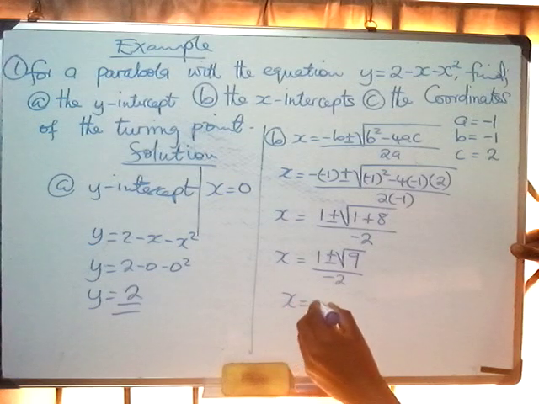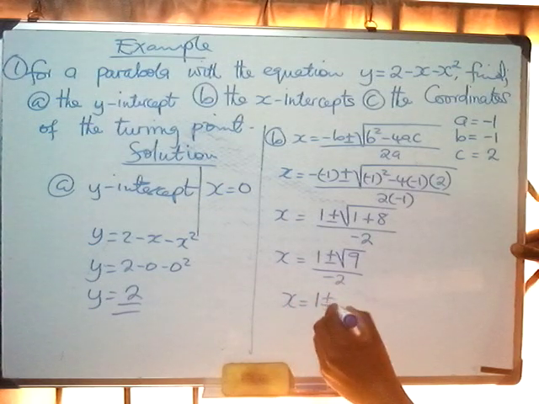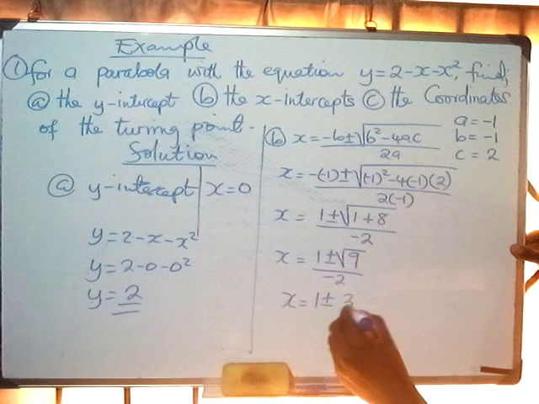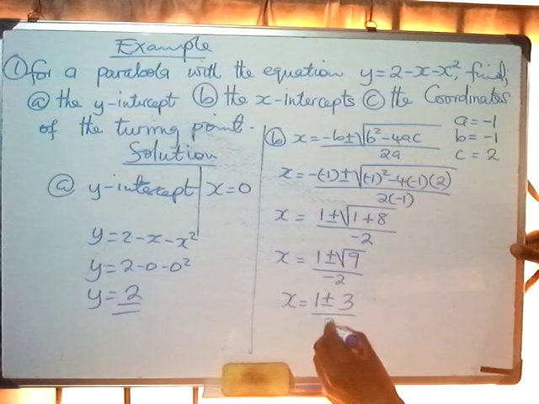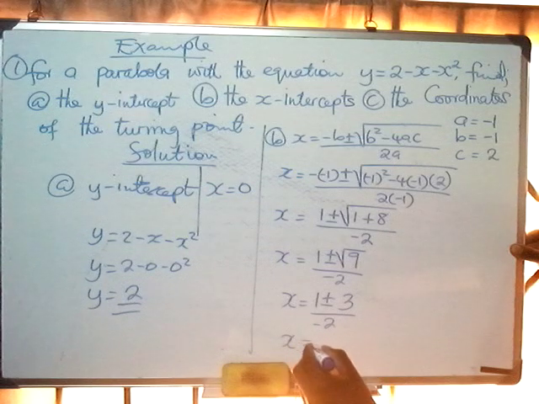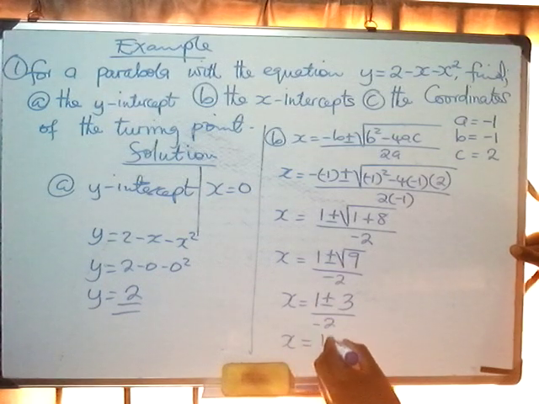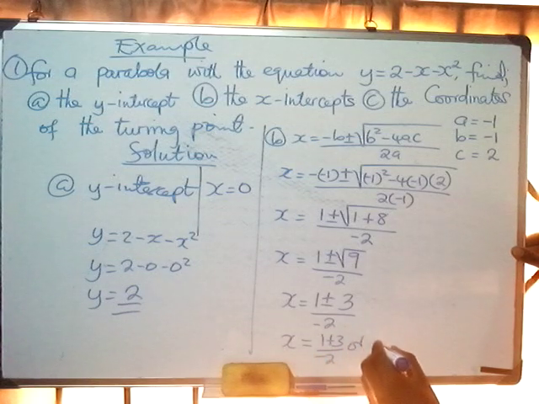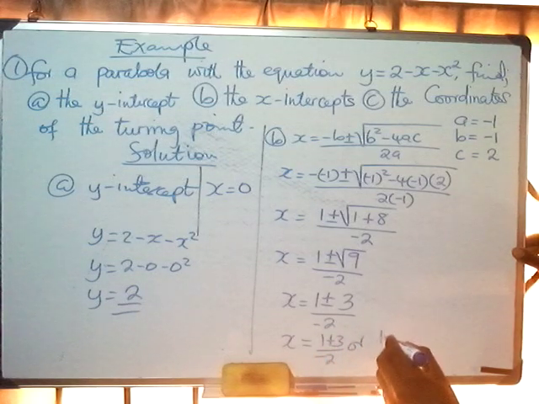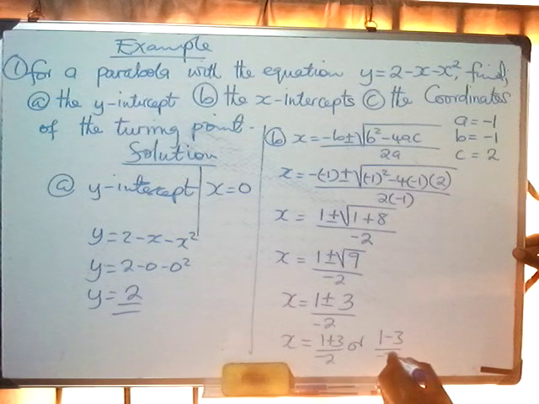So our x will be 1 plus or minus the root of 9 is 3. So it will be 2 over 2, or negative 2, sorry. So we're going to have x is equal to 1 plus 3 over negative 2, or 1 minus 3 over negative 2.